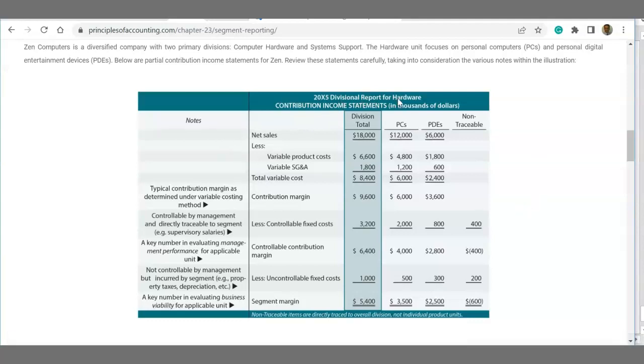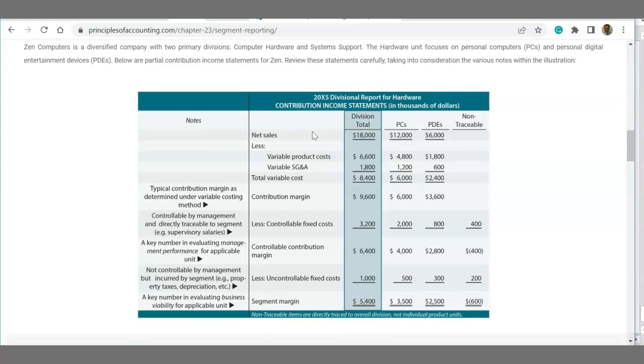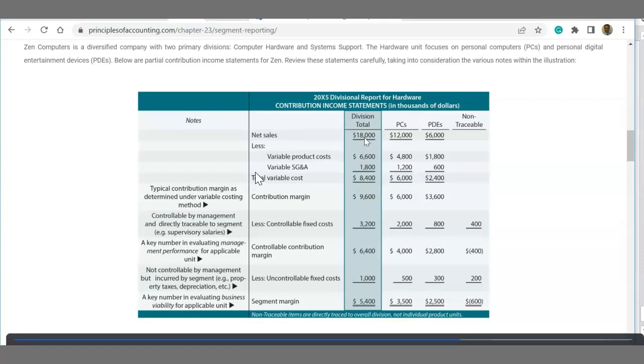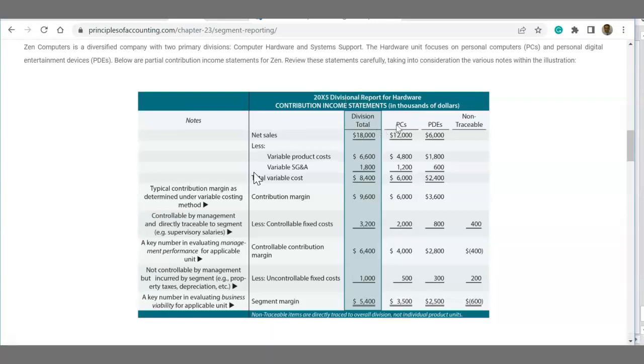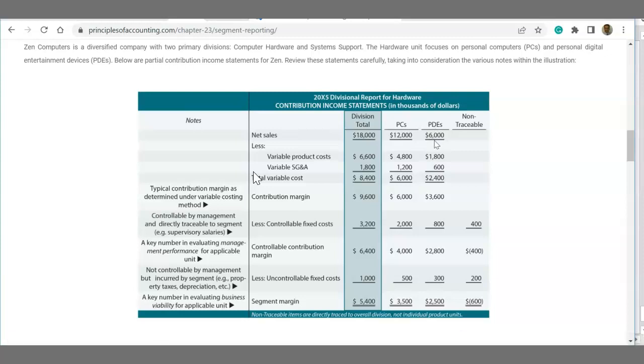So this is the division reporting for the hardware contribution income statement. Okay, got it. Net sales for the division is 18,000, but the hardware division has PCs and personal digital devices. So we have sales of 12,000 for computers, personal digital devices 6,000, and that's a total of $18,000.